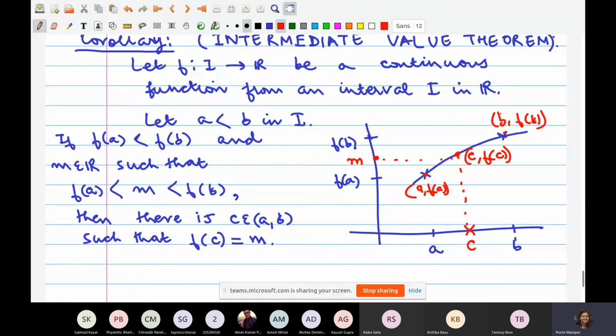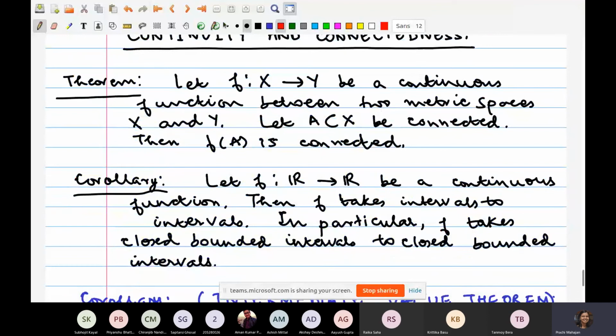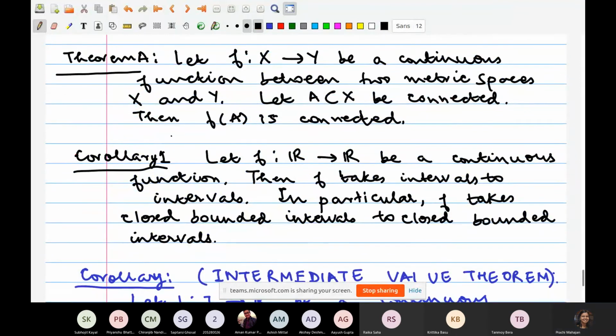So does everybody see that the intermediate value theorem is actually a corollary to the theorem? Let me give it a name. Theorem A that I have written here, or corollary 1 and corollary 2.